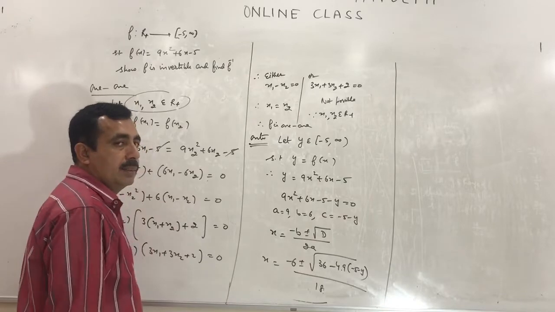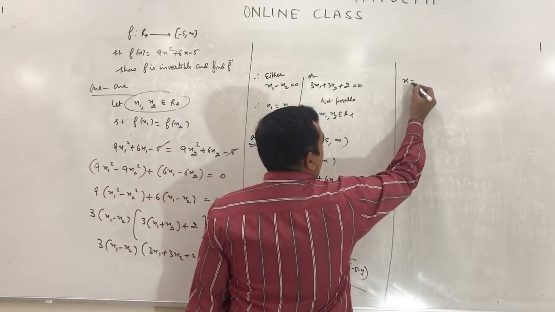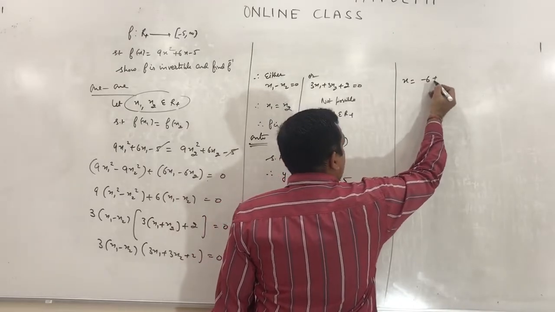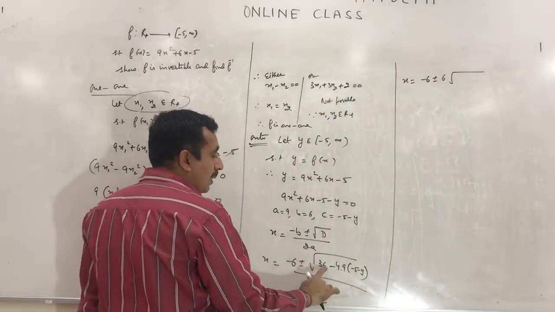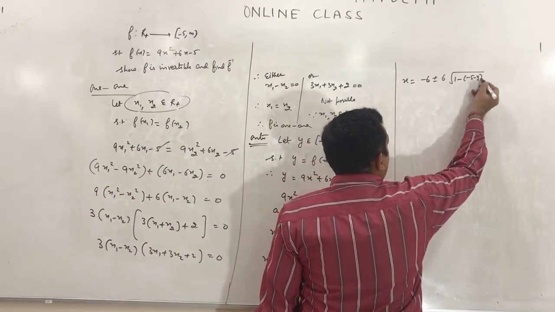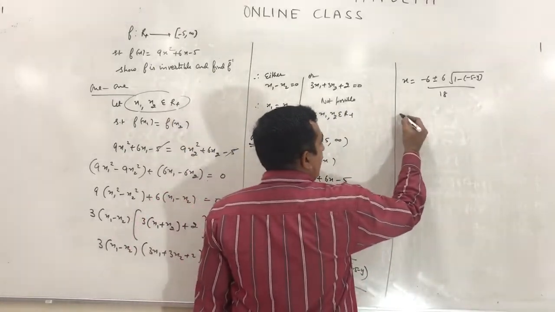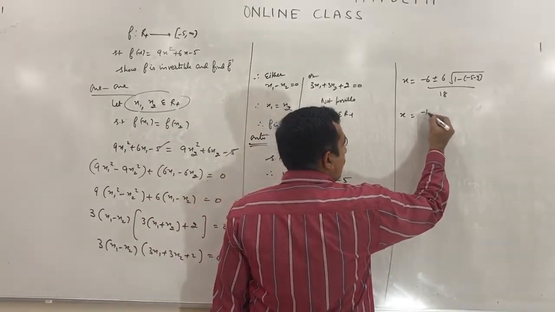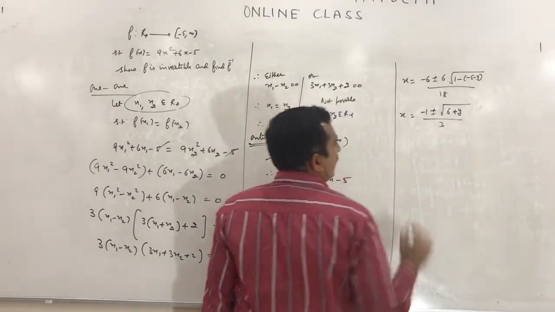From this you take 36 common. So x = (-6 ± 6√(1 + 5 + y)) / 18. 6 cancels. So x = (-1 ± √(6 + y)) / 3.